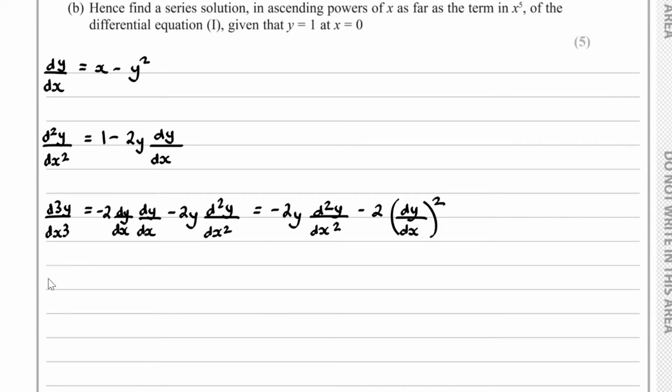With our fourth derivative, d4y over dx4, well, if we differentiate this minus 2y times d squared y over dx squared, again we'd have to use the product rule.